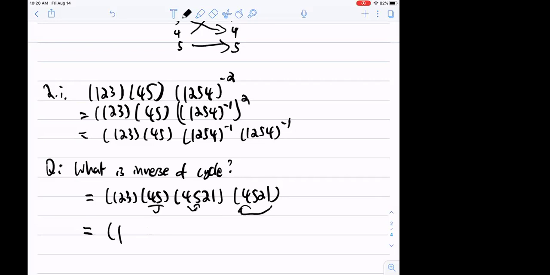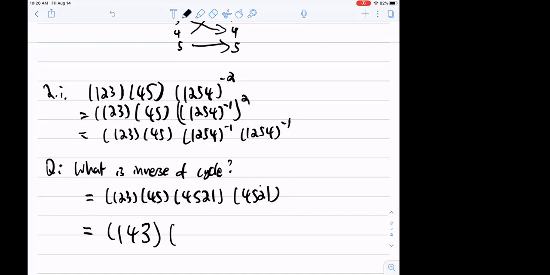4 goes to 5. 5 goes to 4. Tell me if I make a mistake. 4 goes to 5, 5 goes to 2, and then 2 goes to 3, right? And then from here, there's no 3 in the first, no 3, no 3, no 3. So 3 goes back to 1, and I think 2 goes to 5.